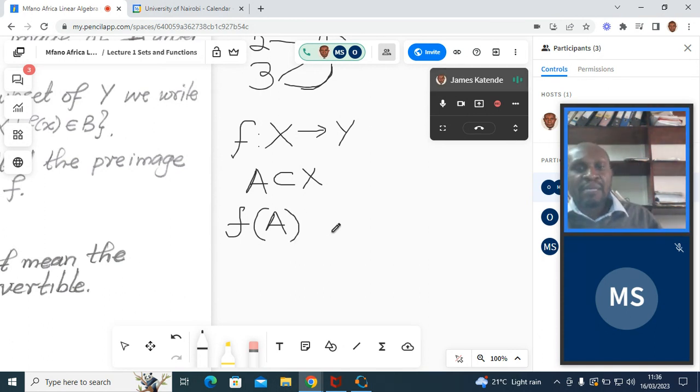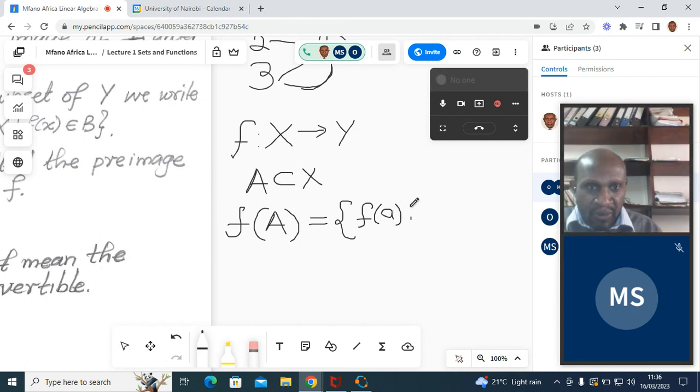This set will be called the image of A, and it simply consists of all possible values of the function for the points in A. So this is called the image of a set A.